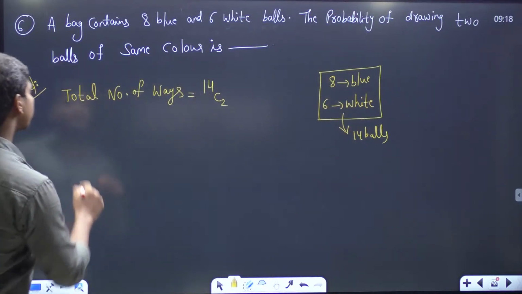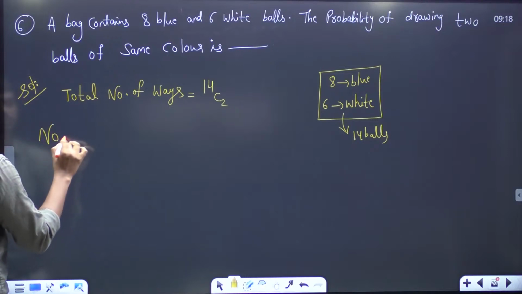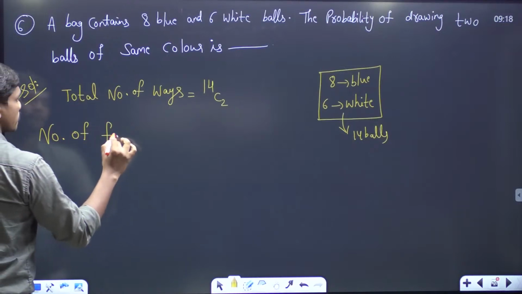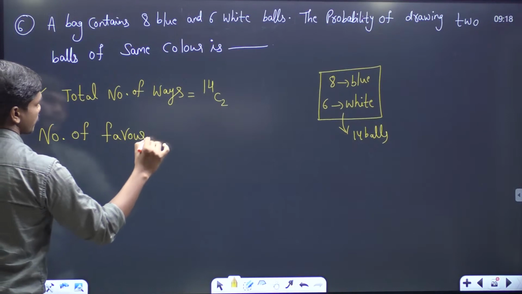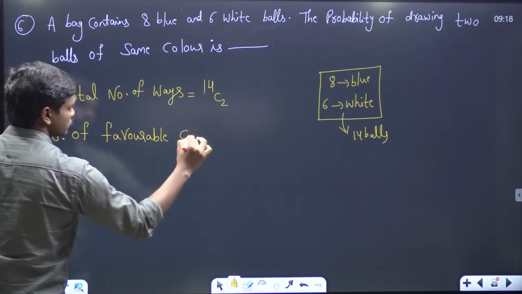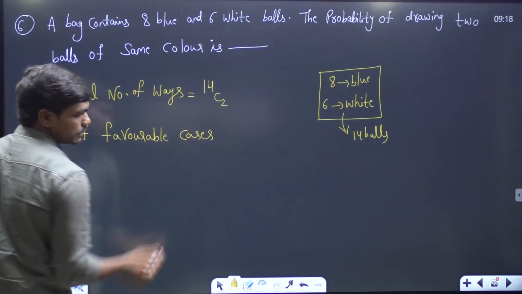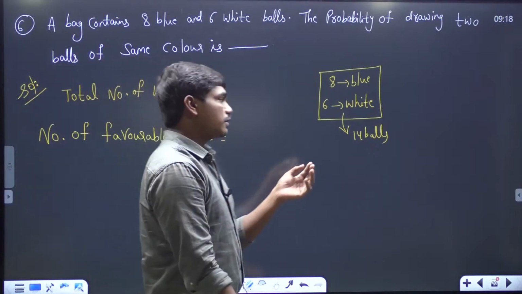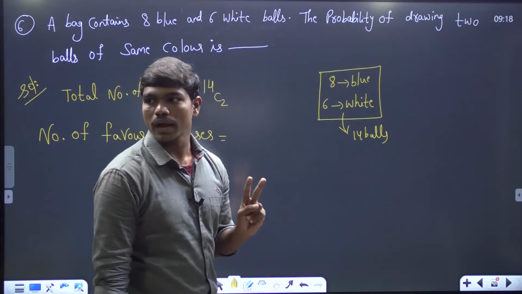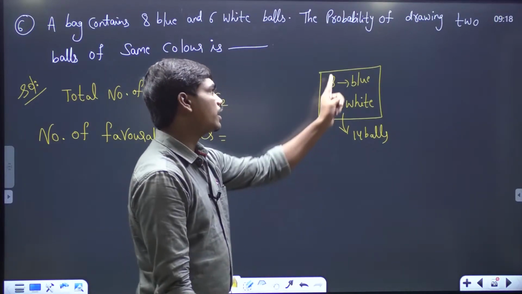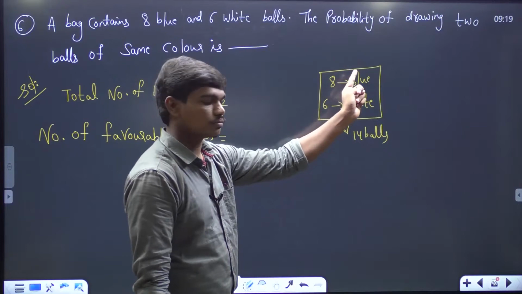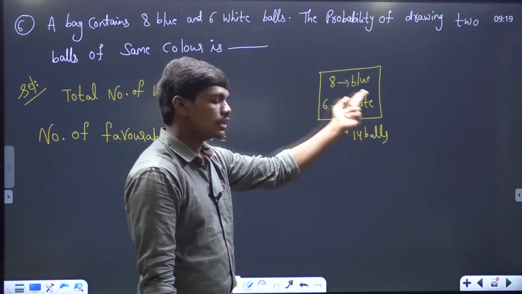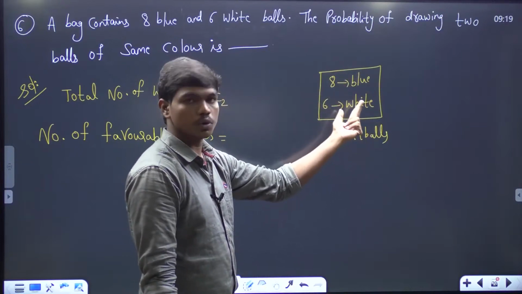Now, let us calculate the number of favorable cases. Look, there are 2 possibilities for this event to happen. First possibility is you can choose both blue balls, or the second possibility is you can choose both white balls.